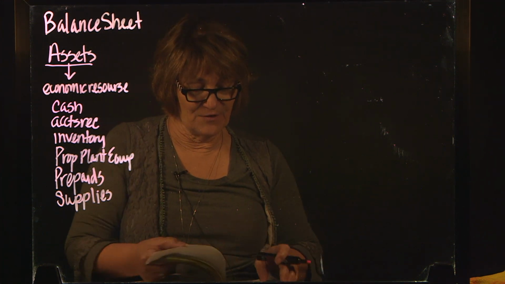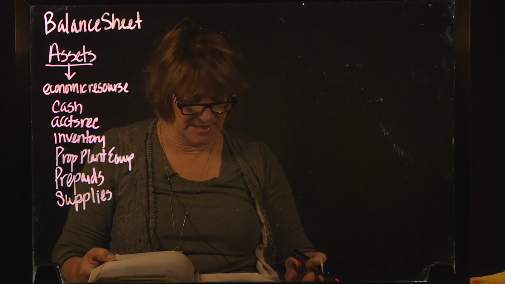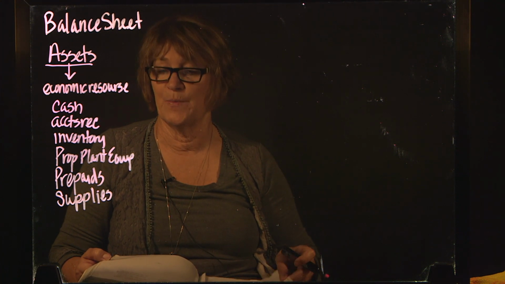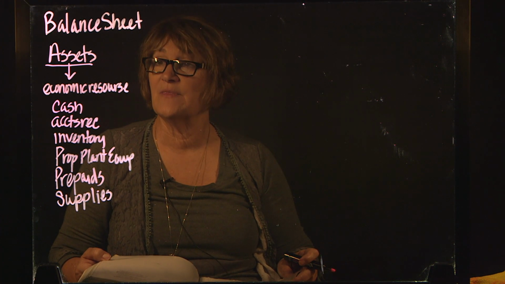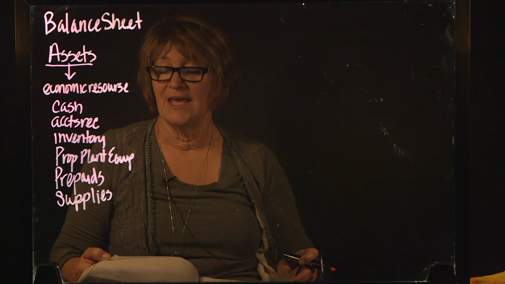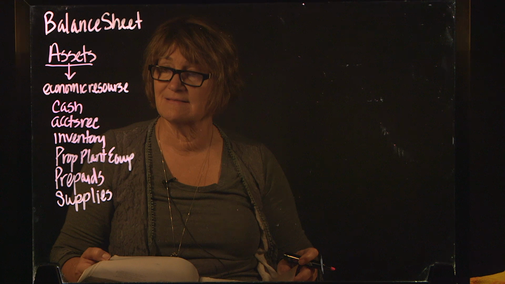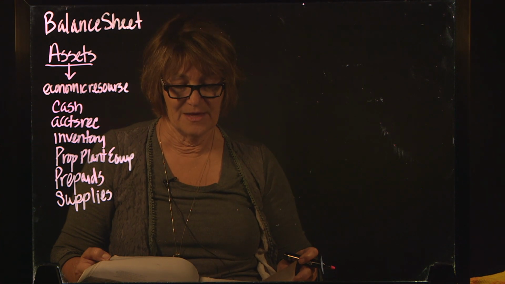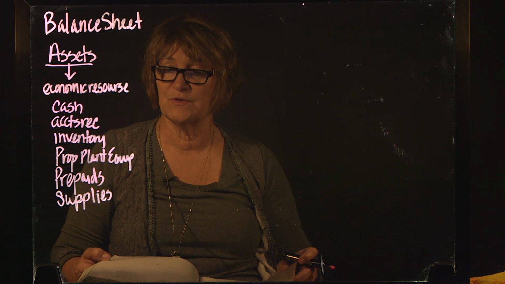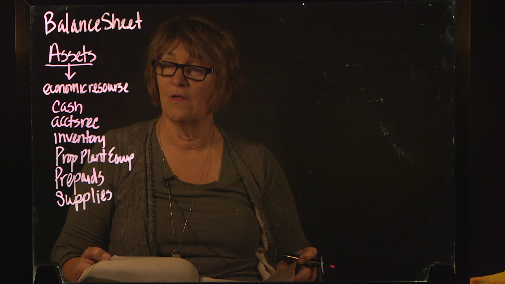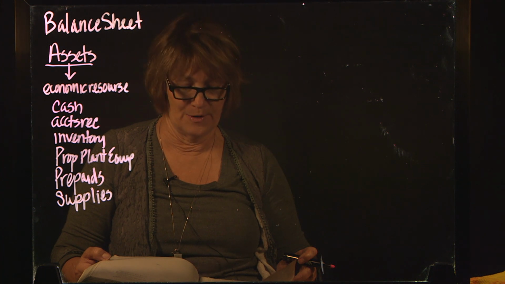And in fact, if you go to the back of your textbook, it should be page 389, there is no page number on it, you'll find something that we call the comprehensive chart of accounts. It gives you assets and all the different types of assets that are possible. It gives you liabilities, which we'll talk about here in a minute. It gives you equity. We'll also get some clarity on that here in a minute.